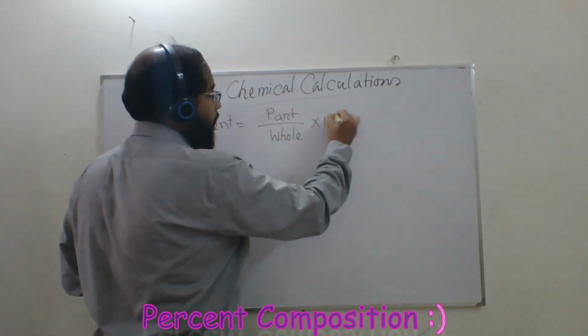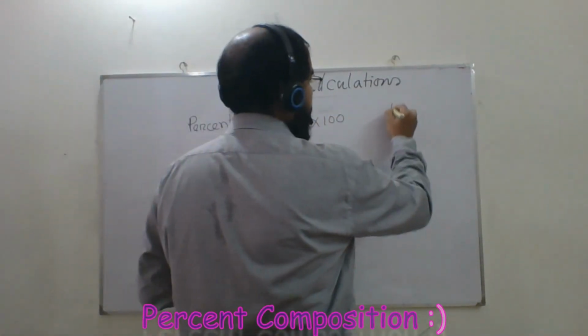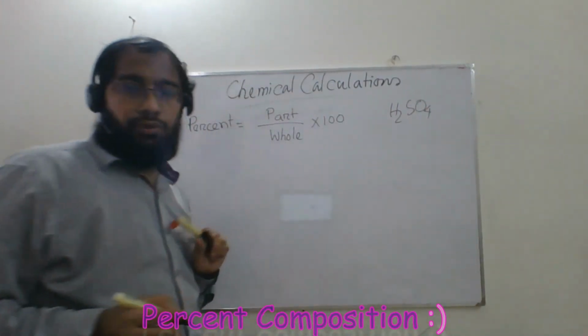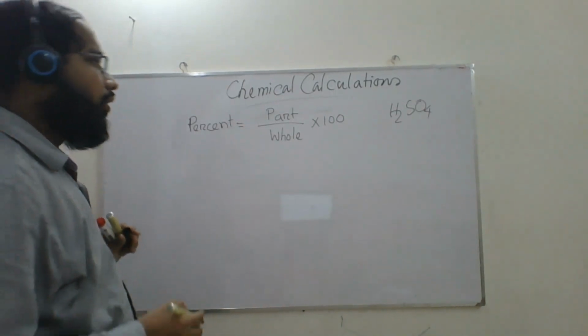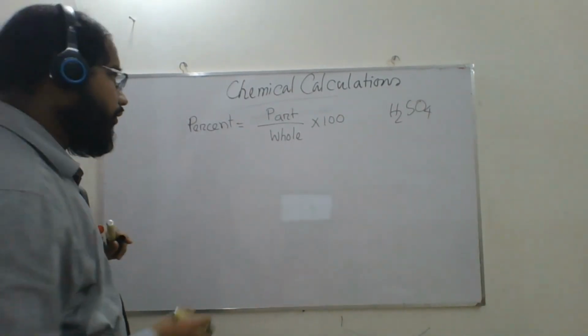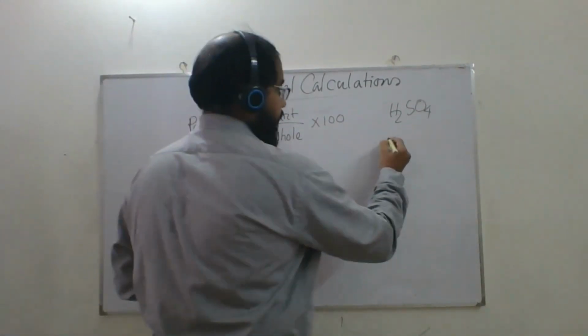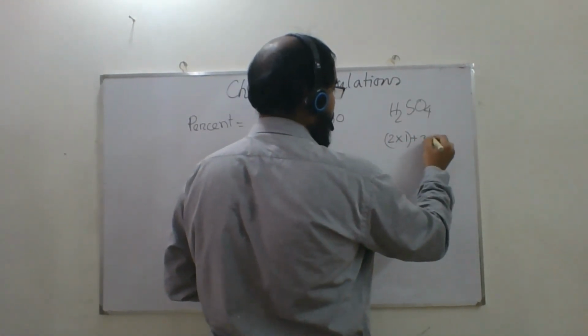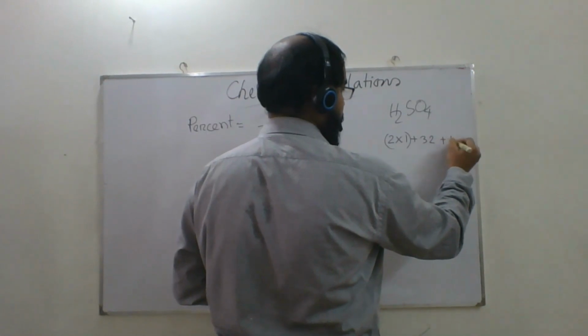That means if we consider sulfuric acid, I want to calculate its percent composition. Now we know that sulfuric acid has 2 into 1 plus 32 plus 16 into 4.